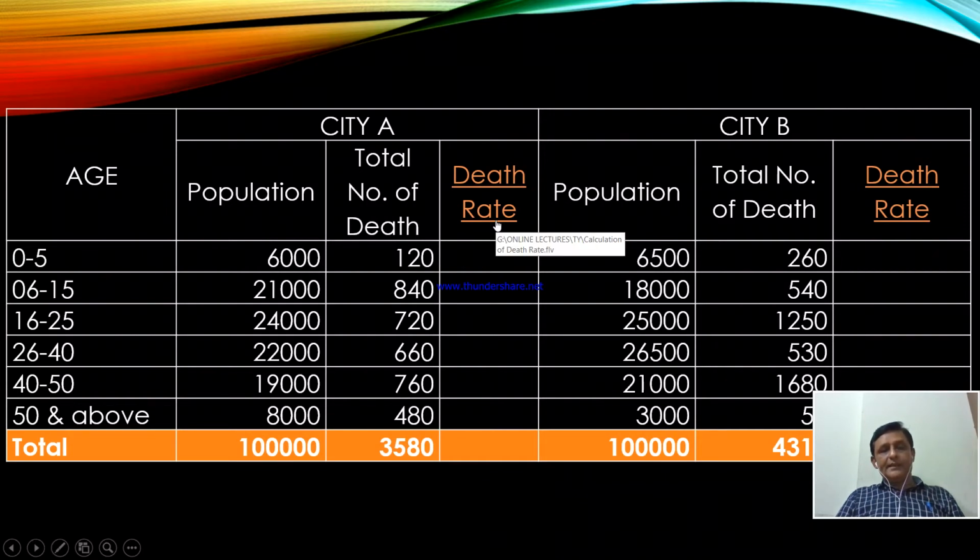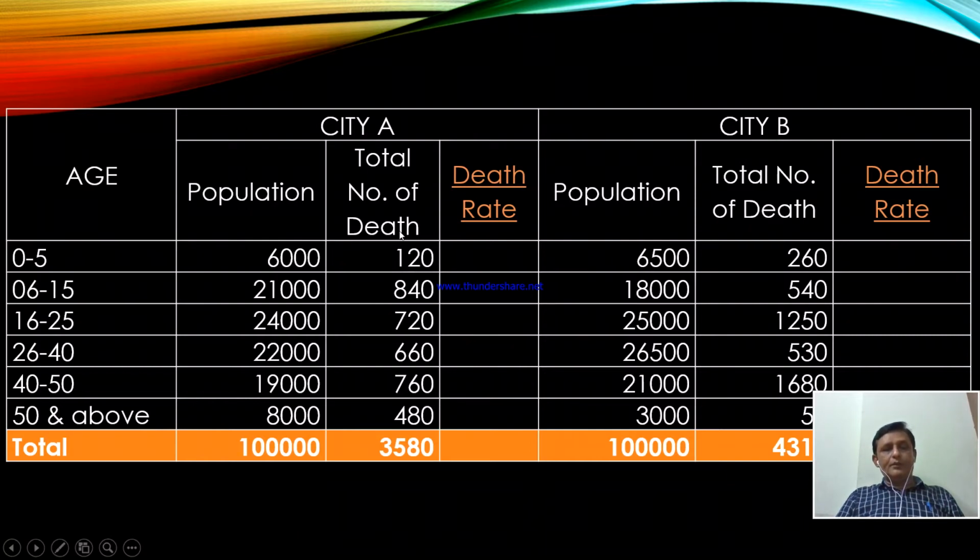So how do we calculate the death rate? In the last talk we discussed it. Death rate is the total number of deaths occurred in a particular region or time frame divided by the total population of the same region, into 1000. Here we have age group wise population and deaths. So what should we do? If we calculate the death rate for the 0 to 5 age group, we use the same formula.